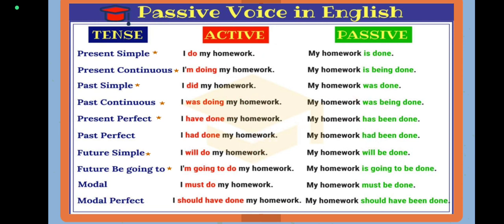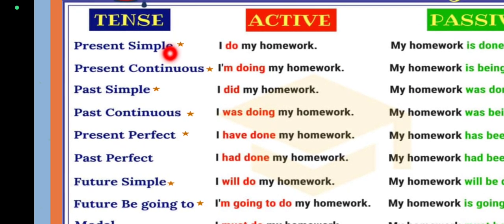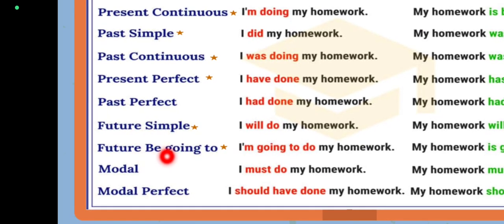But don't worry. Here, I marked with a star the most important verbal tenses. So these are the ones that you have to know: present simple, present continuous, past simple, past continuous, present perfect, future simple, and future with be going to.